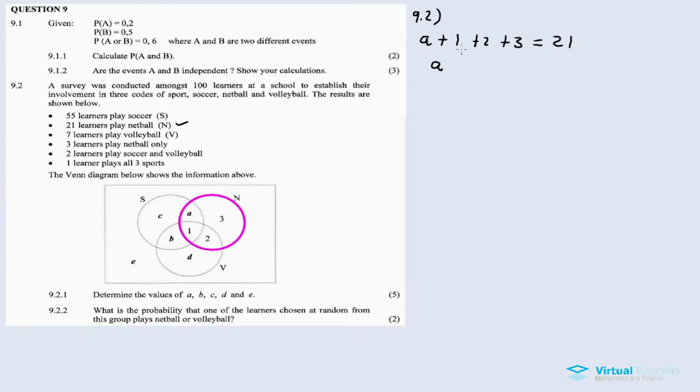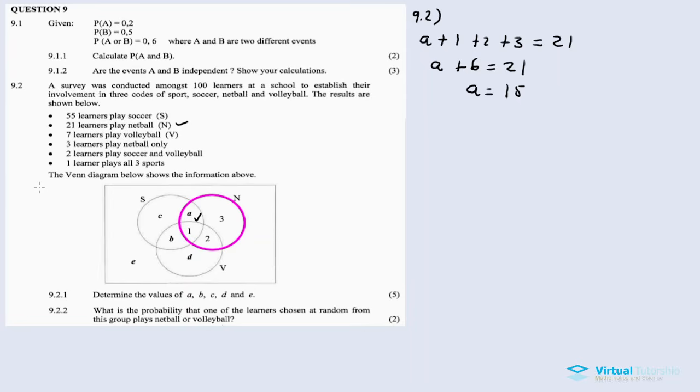So A, 1 plus 2 plus 3 is 6, 21. A is equal to, when I transpose the 6, I should get 15. Yes, I should get 15. So now I have the value for A, which is 15. Now we can calculate B. Why?